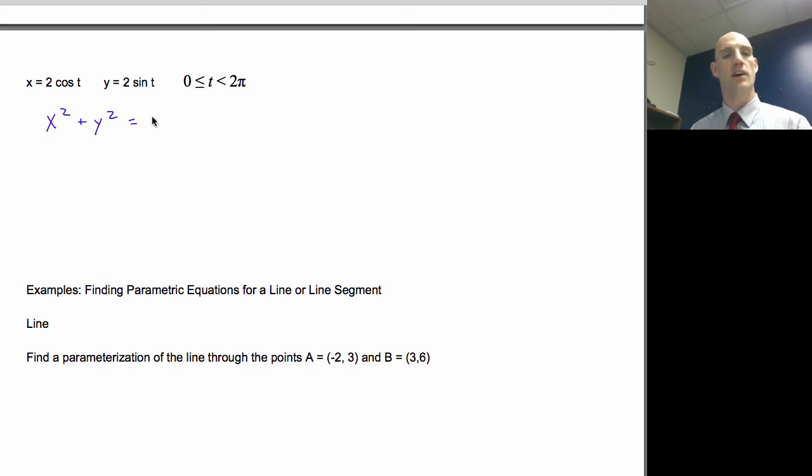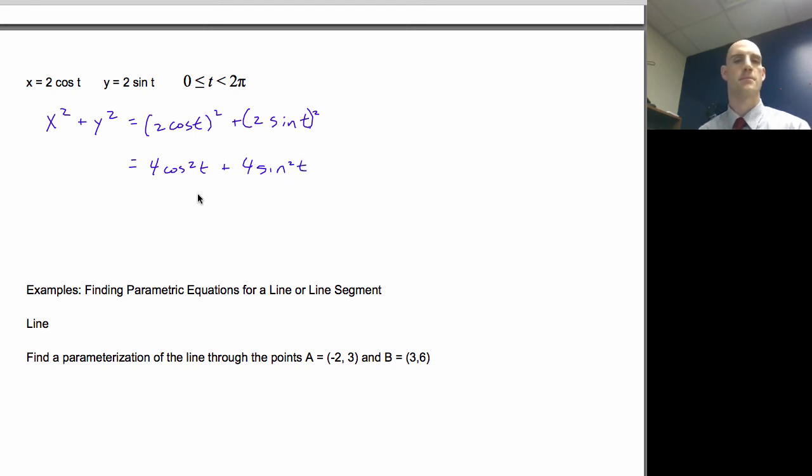If I do x squared plus y squared, really I'm going to have 2 cosine t squared plus 2 sine t squared. And what ends up happening is I have 4 cosine squared t plus 4 sine squared t. And if I factor out a 4, I've got 4 times cosine squared t plus sine squared t. And if I remember from my trig ratios, this is actually 1, so it's equal to 4 times 1.